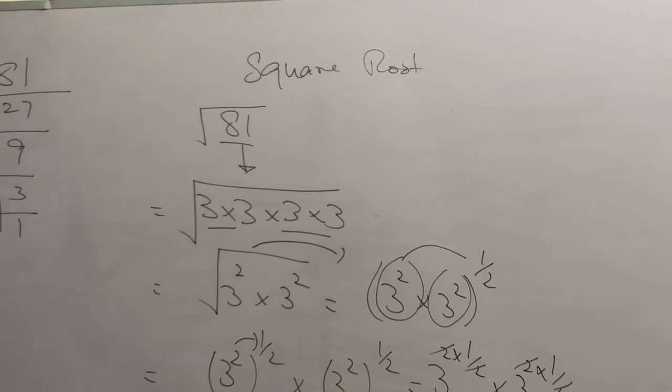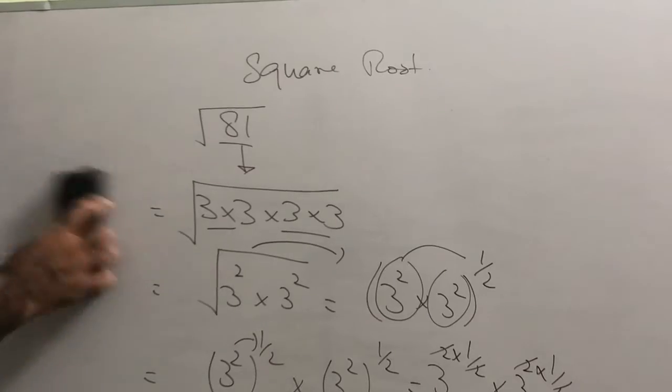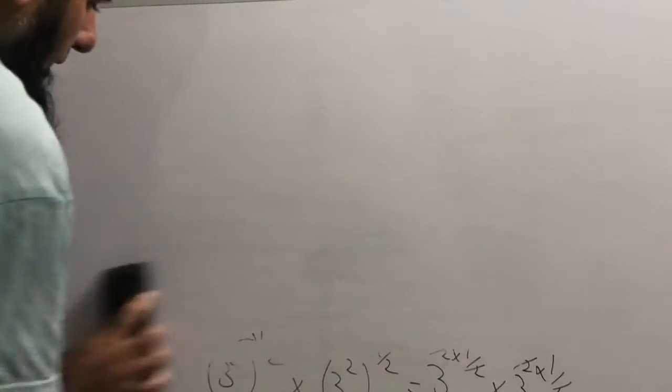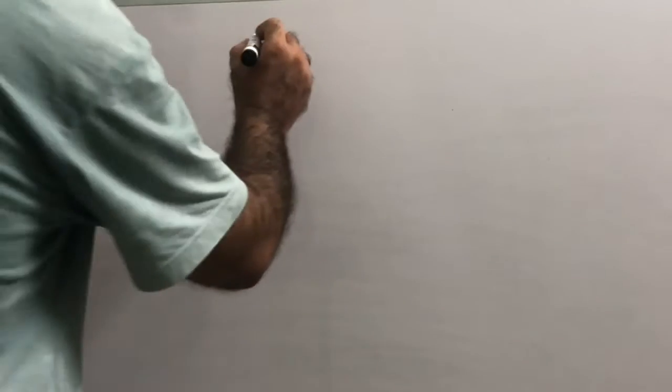Then we will move ahead to the idea of cube root. If you understood this idea, it will be pretty easy for you to understand the concept of cube root.